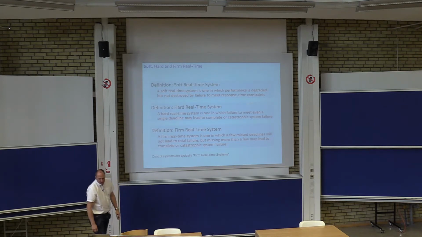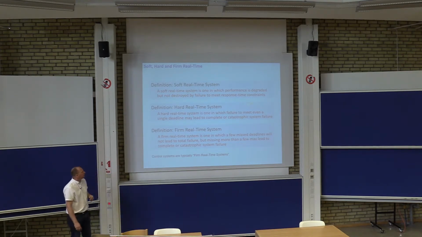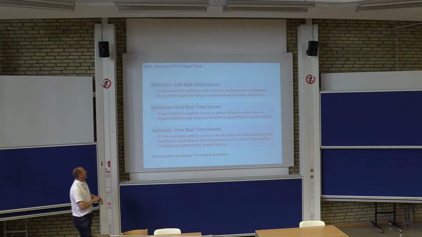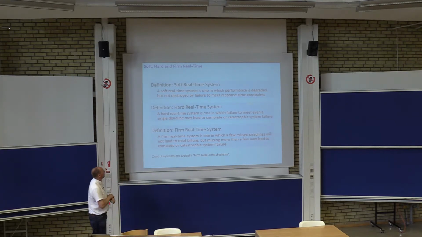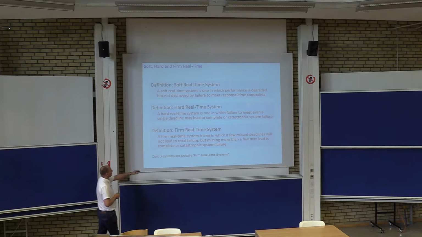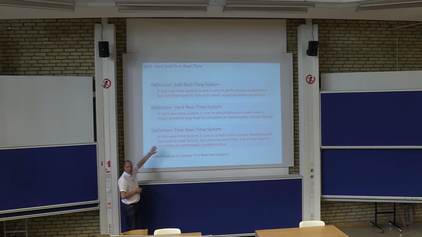And then we talked about soft, hard, and firm real-time systems. In soft real-time systems, it's not that critical. Nothing will really become a disaster if you don't meet the time constraints, which is the case for hard real-time systems. But control systems are typically firm real-time systems.